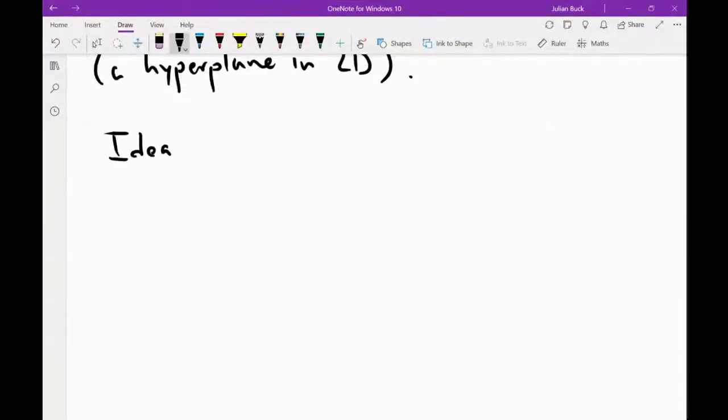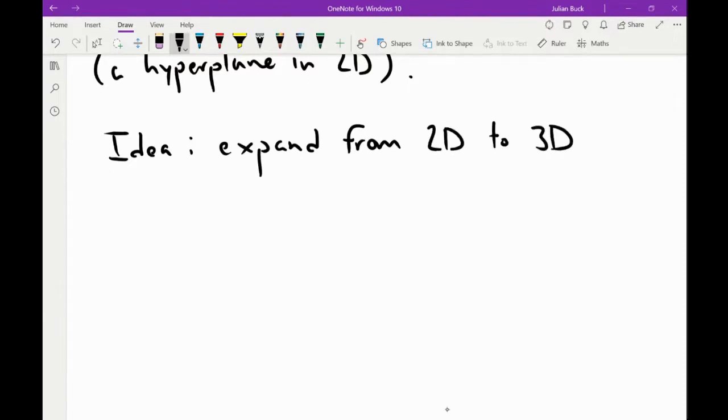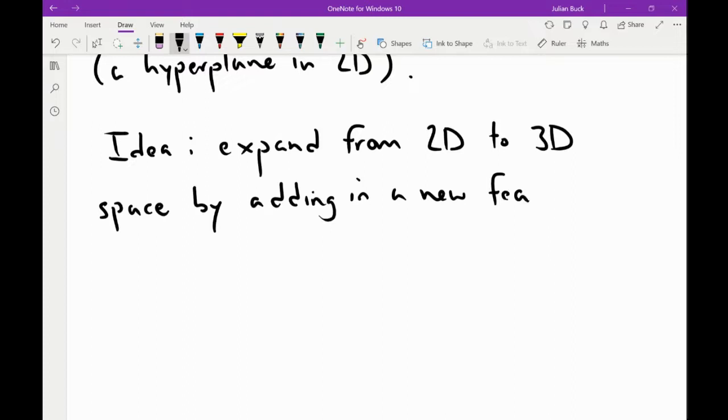So an idea to solving this issue is to expand from two-dimensional space to three-dimensional space, by adding in a new feature to the data.